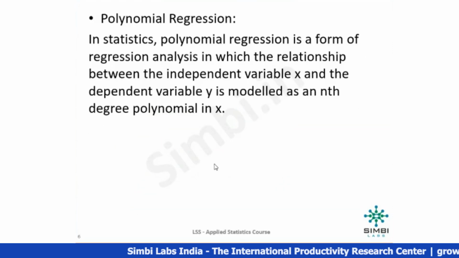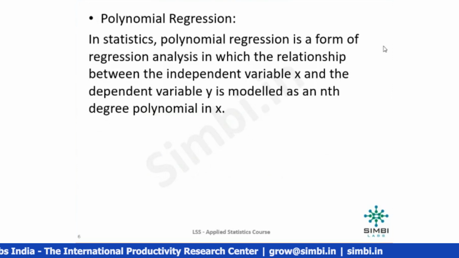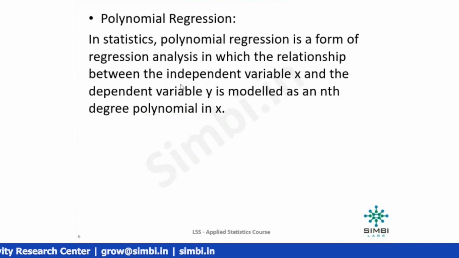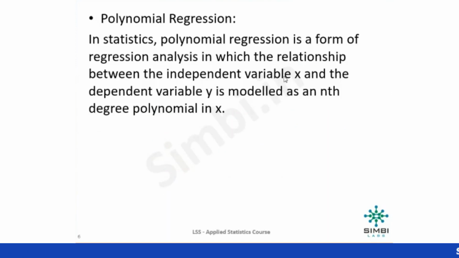Polynomial regression is also one type of regression, and it is a form of regression analysis in which the relationship between the independent variable x and the dependent variable y is modeled as an nth degree polynomial in x.